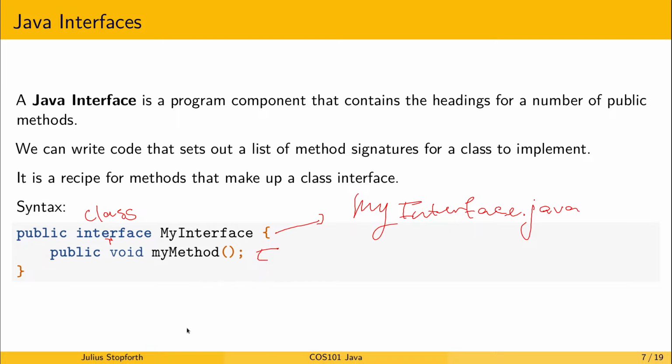If you recall, a method signature is the return type, the method name, and the parameters list. That's the method signature, and that's all an interface is. It's a file. Well, if you're a good programmer, you'll put a bunch of comments in there documenting what the interface is supposed to do.